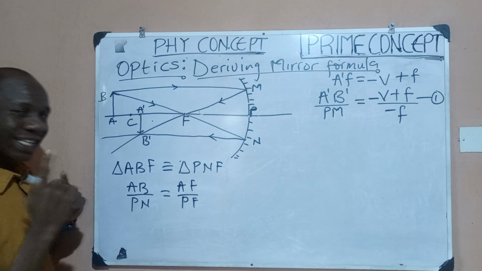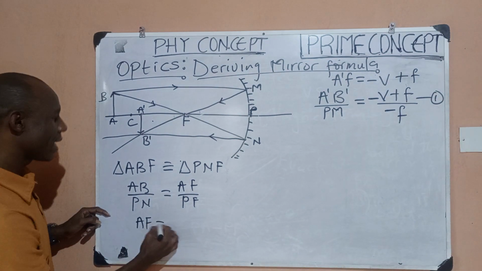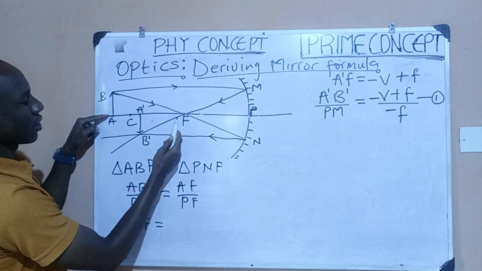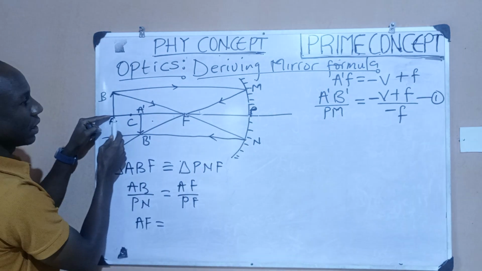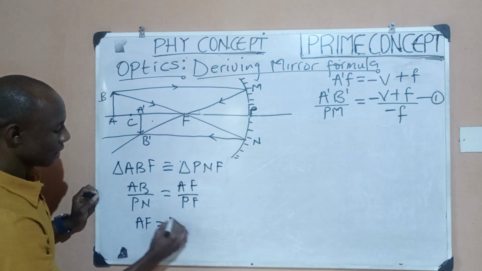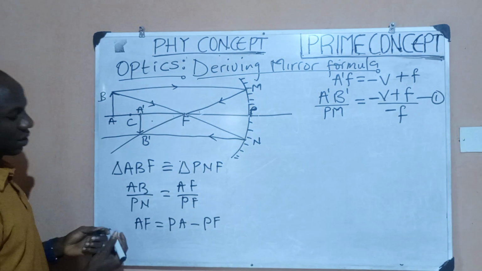PF. Now, in a similar way, we can notice that AF is actually the distance PA minus PF. So I'm going to say that AF is PA minus PF. So this is what we know.